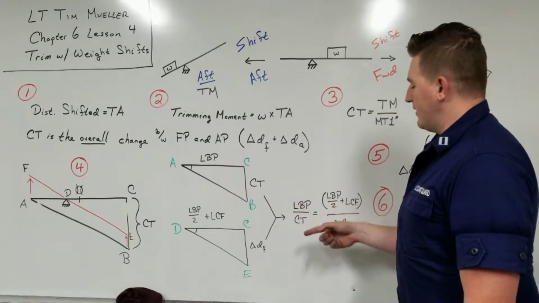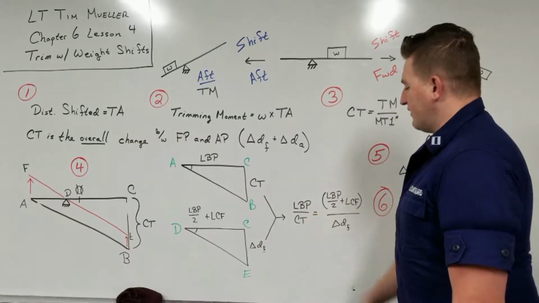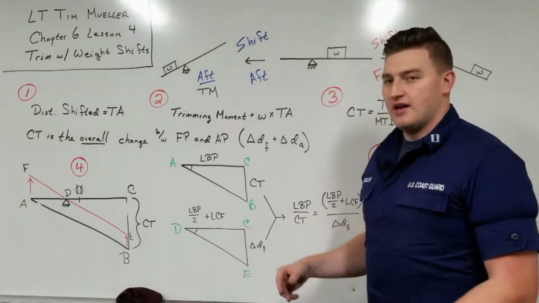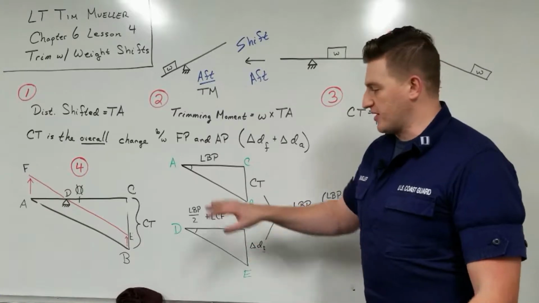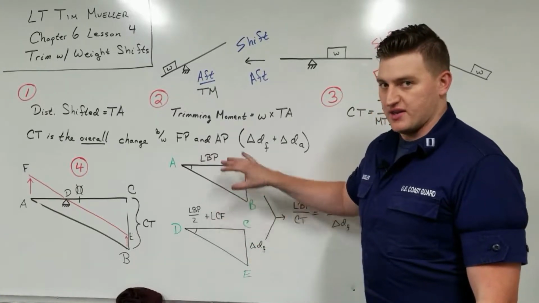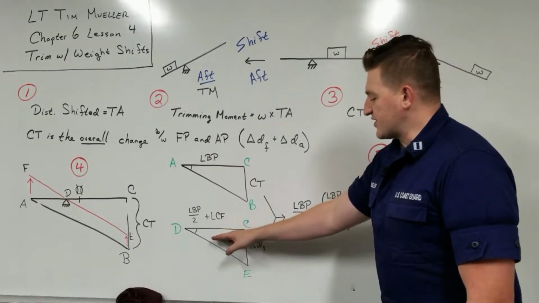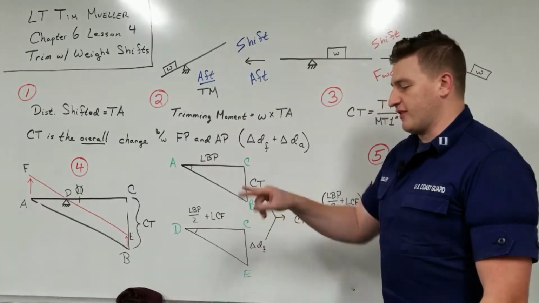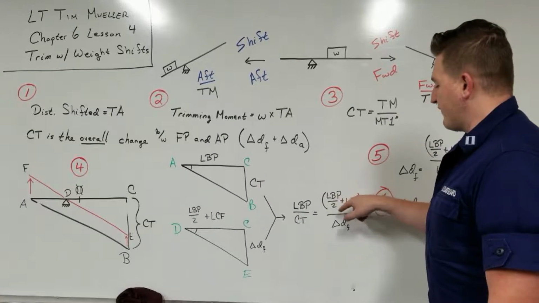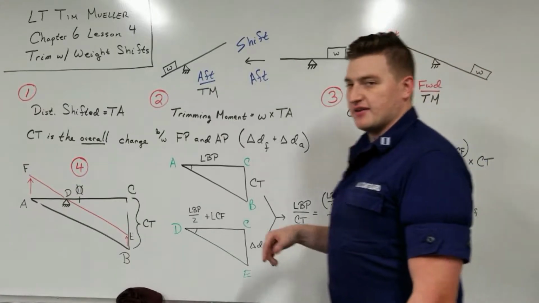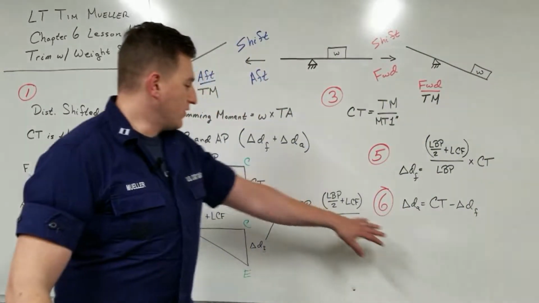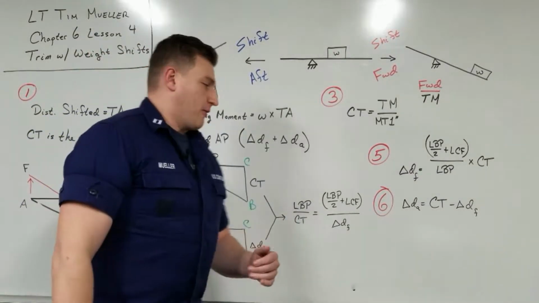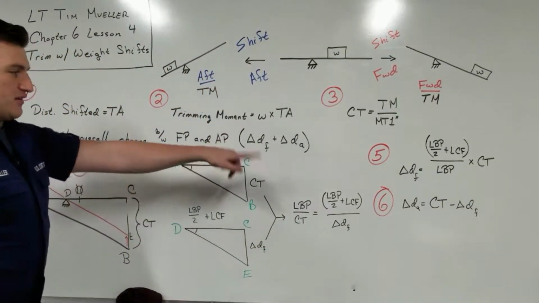If we flip that, LBP divided by CT, and flip the tangent of this other triangle, they have to be equal to each other because all the angles equal each other in these two triangles. So the tangent here is delta D forward divided by this whole mess. We flip that: LBP divided by 2 plus LCF, divided by delta D forward, equals what we had for the original triangle. So now we've set up our problem to where we can actually start solving.